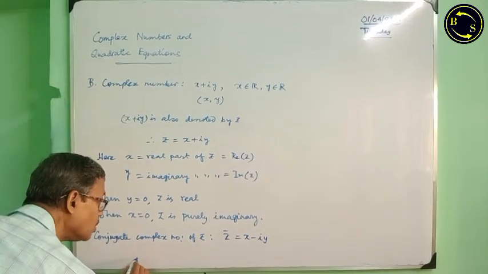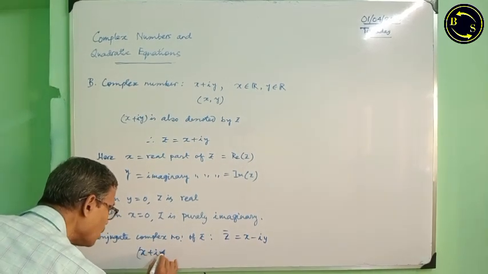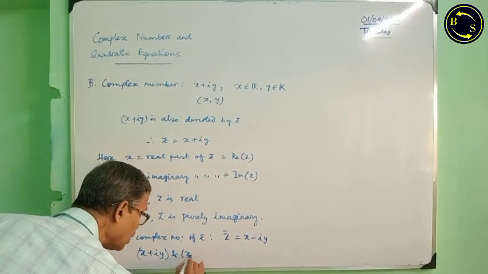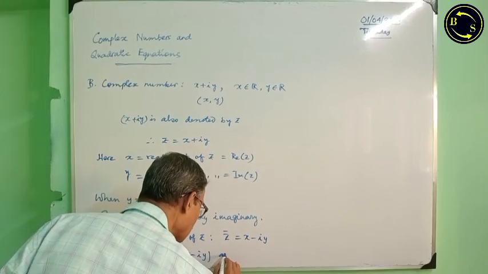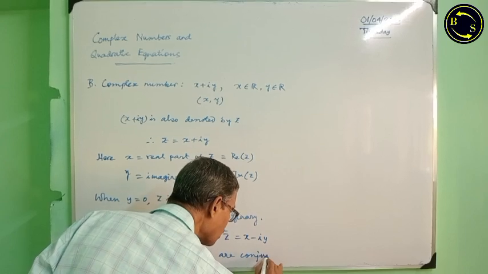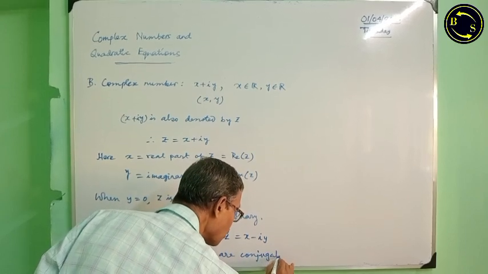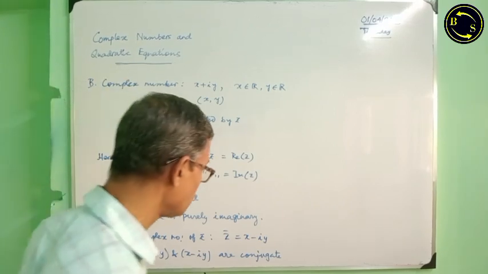We call x plus iy and x minus iy conjugates. Sometimes the term complementary is also used.